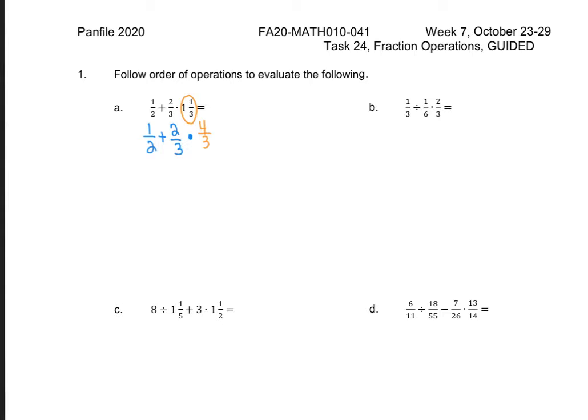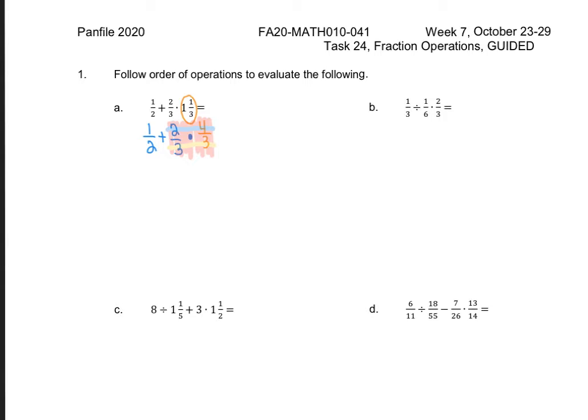So that means my choices are addition or multiplication. So I have to do the multiplication first. So when I multiply, I'm going to multiply my top and then my bottom, and I multiply straight across.